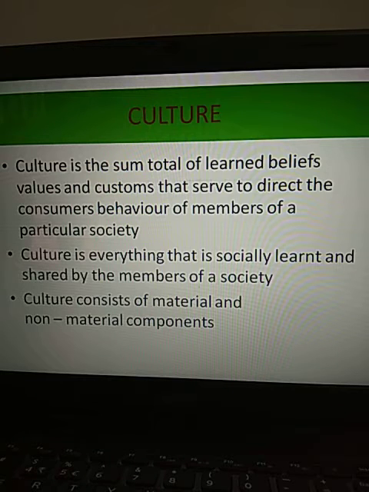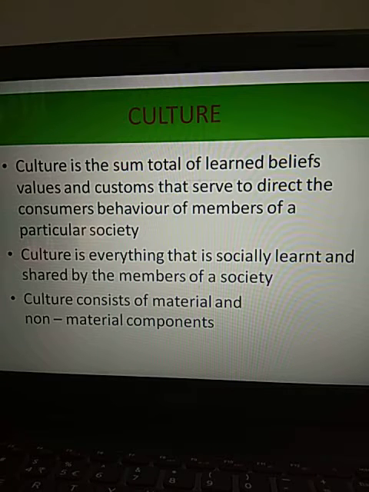So how is culture transferred? When you are living among a group of people, automatically through observation and through various mediums, you are understanding the culture, right from the senior generations to the next upcoming generations.